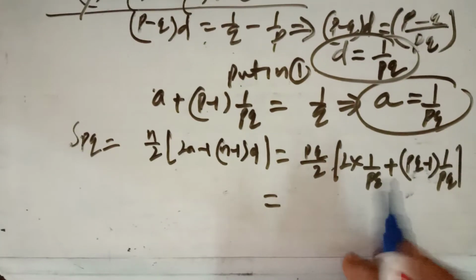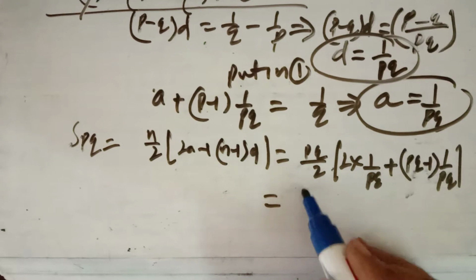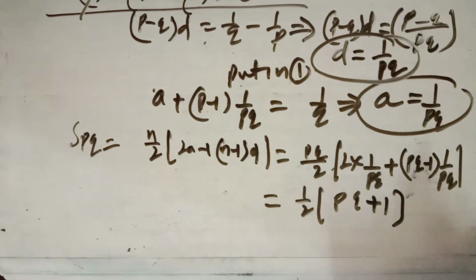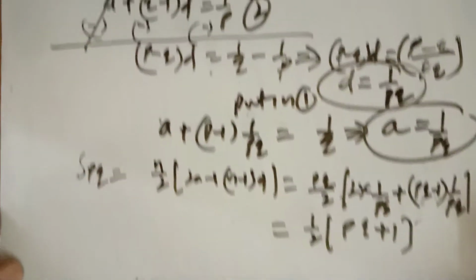Multiply, open the bracket, and you will get half (pq plus 1) as the sum of the first pq terms. So this is question number 5 of your NCERT book.